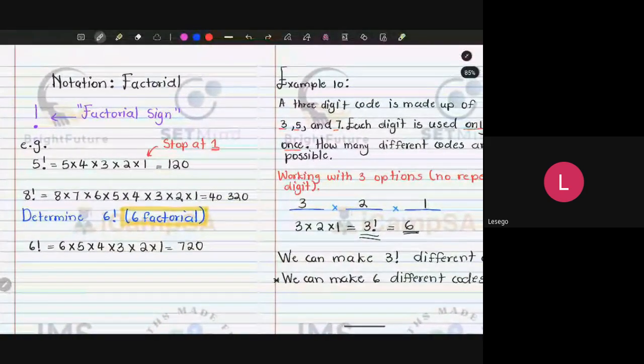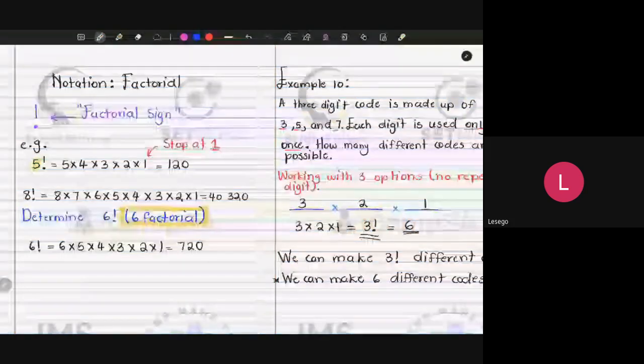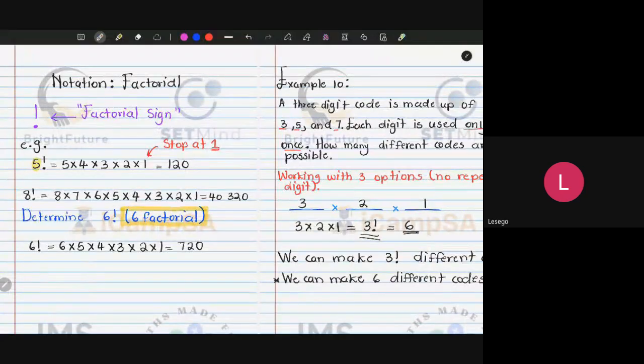What I introduced you to in the last lesson was the factorial notation, which is that if you see 5 with an exclamation mark, to us as people who are doing pure mathematics, proudly so, that is not an exclamation mark. We refer to it as the factorial sign.